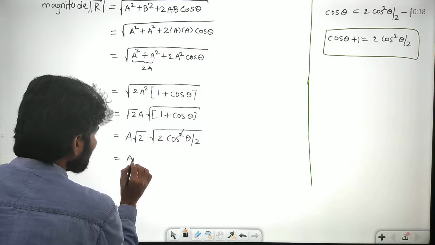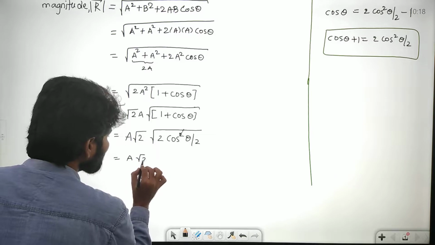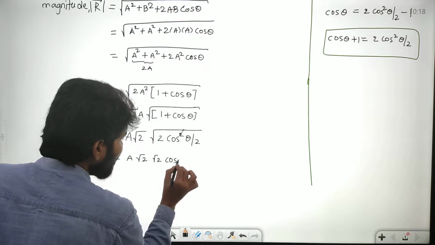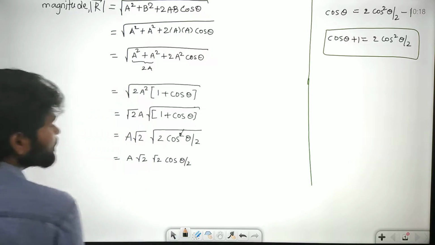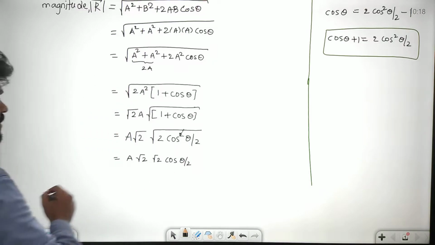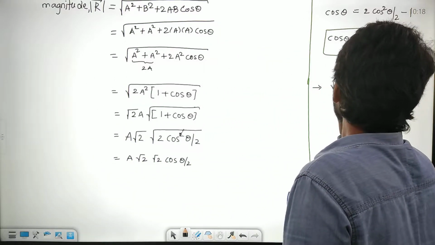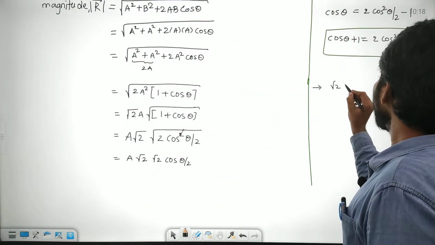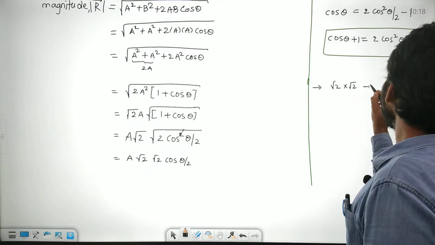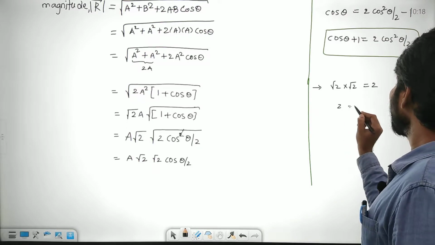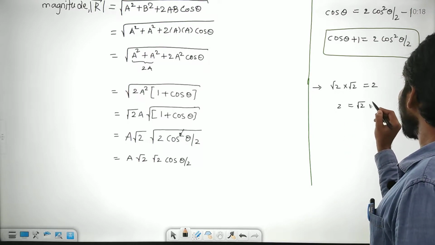The remaining terms are square root 2 into square root 2 cos theta by 2. Hope you understand. What is the value of square root 2 and square root 2? Root 2 into root 2 equals 2. Or we can write 2 in terms of root 2 and root 2.